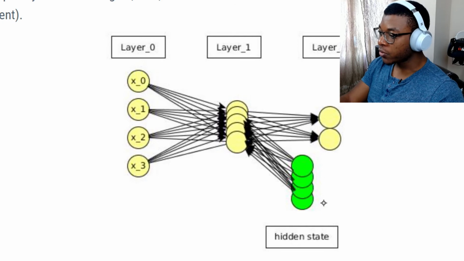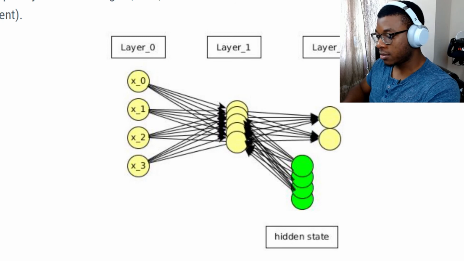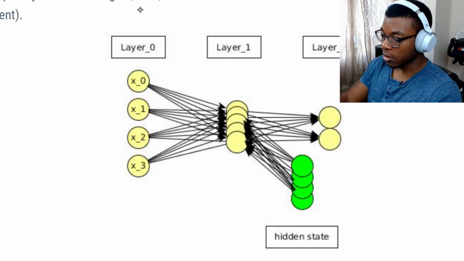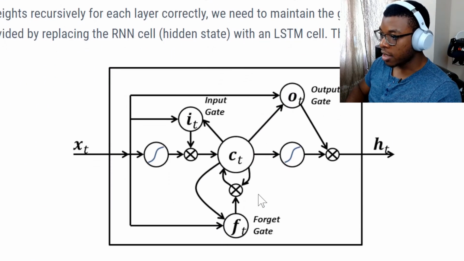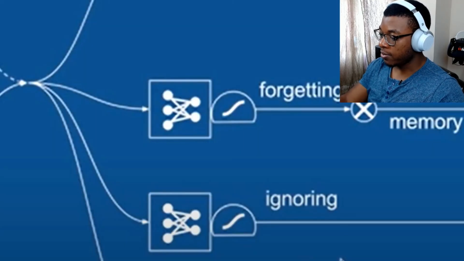So what we're doing is we're replacing this hidden state with an LSTM. This whole thing here is the recurrent neural network, and all we're doing is replacing this with an LSTM cell. An LSTM cell is essentially a much more complicated way of looking at what Brandon did.